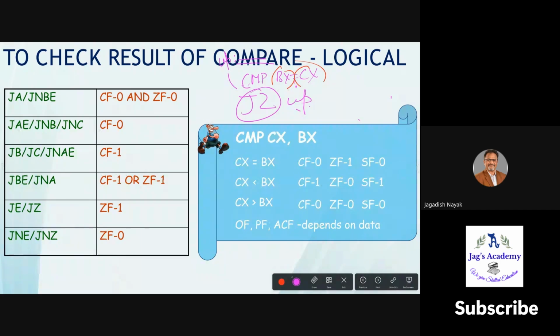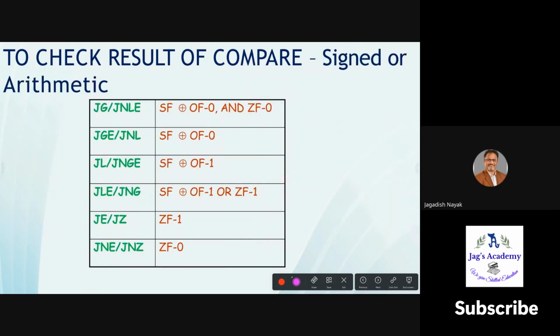So all of you must have understood now what a jump instruction is. We'll write the program, then we will actually know everything. Jump on greater, jump on not greater or less than equal, jump on greater or equal, jump on not equal.